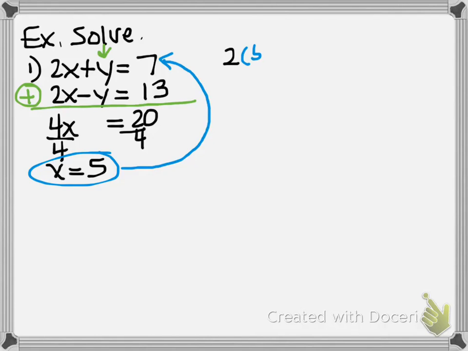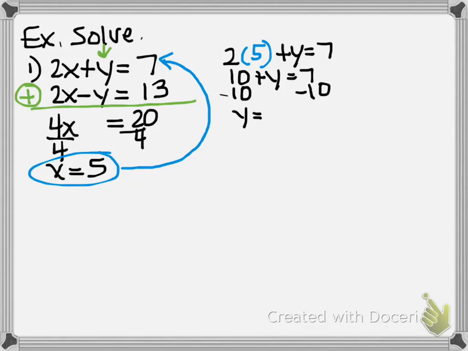So it's 2 times 5 plus y equals 7. So we get 10 plus y equals 7, subtract 10 from both sides, and we get y equals negative 3. So right now, I suspect my answer alphabetically is 5, negative 3.